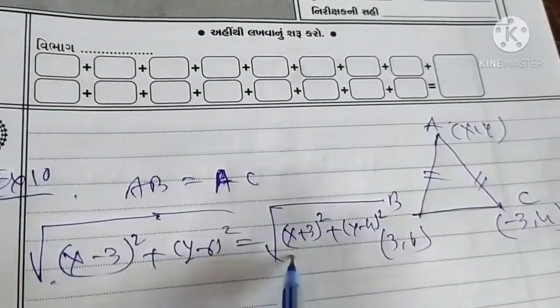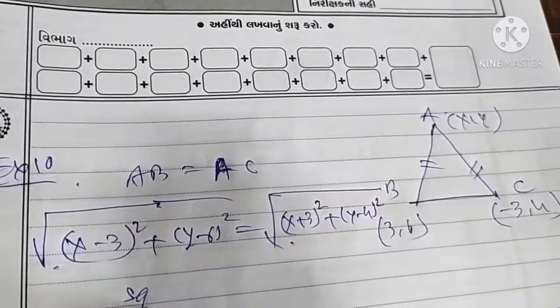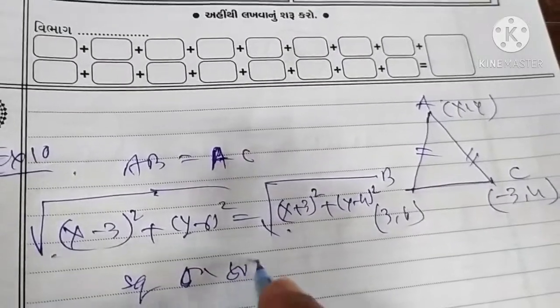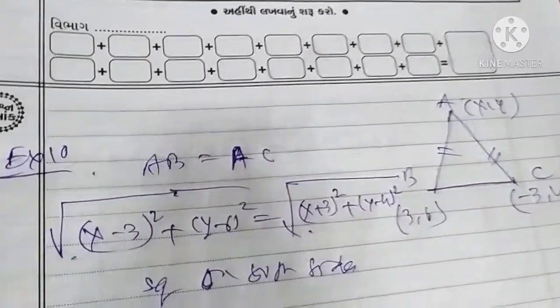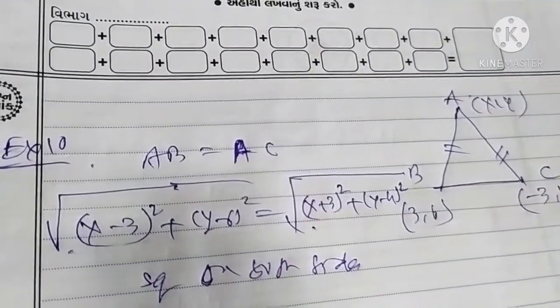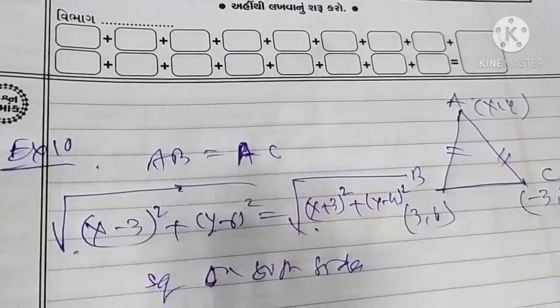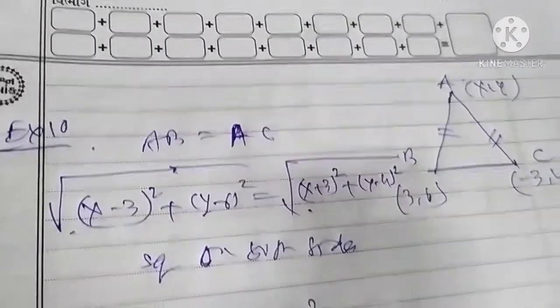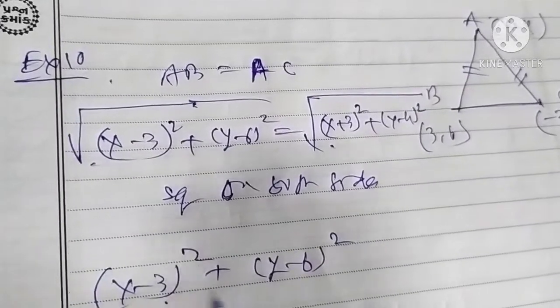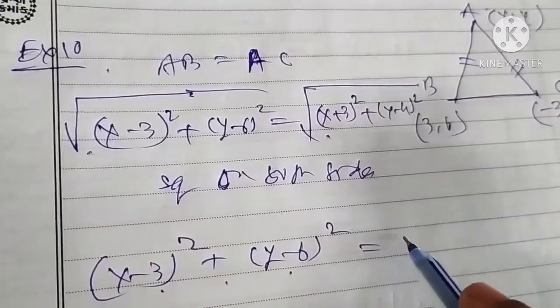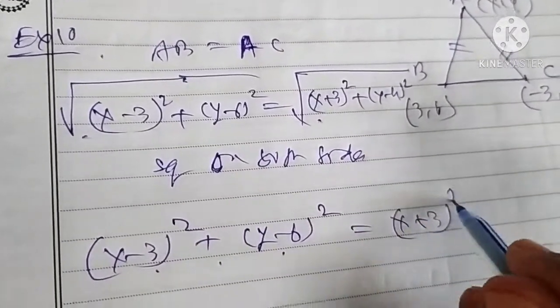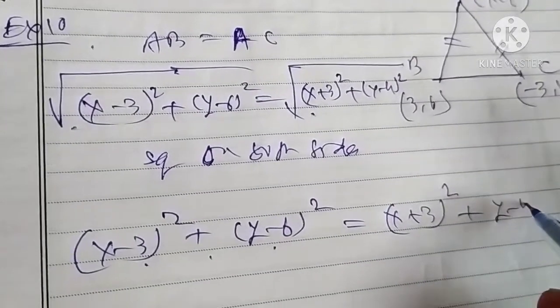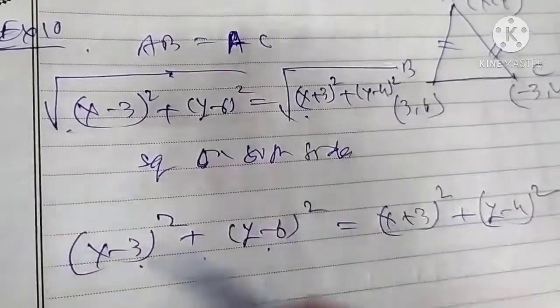Now see, square root on both sides, so square on both sides. We got (x minus 3) whole square plus (y minus 6) whole square equal to (x plus 3) whole square plus (y minus 4) whole square. Clear students? Open the brackets, see.